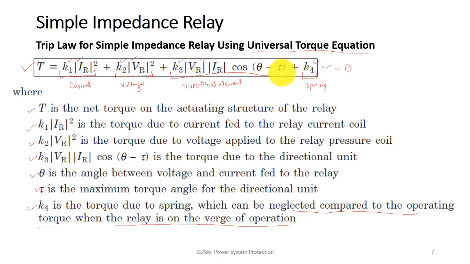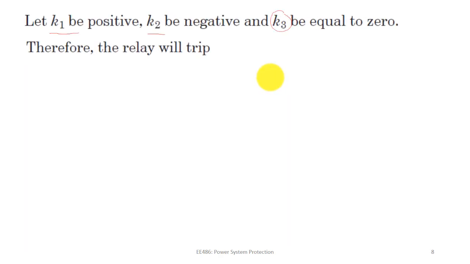Now if the relay is to operate, then obviously K1 IR square should be greater than K2 VR square. Only at that point will the relay operate. That means at the verge of relay operation, K1 IR square will be equal to K2 VR square.